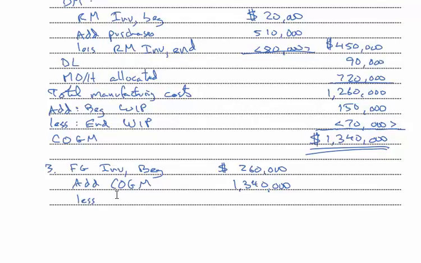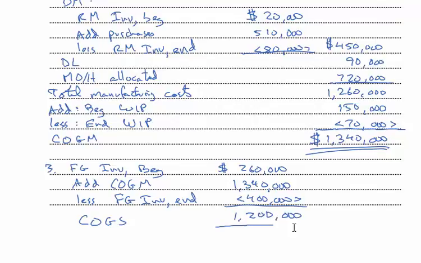Less finished goods inventory ending, which was 400,000. Cost of goods sold $1,200,000. Okay.